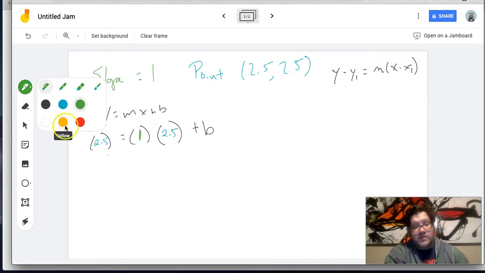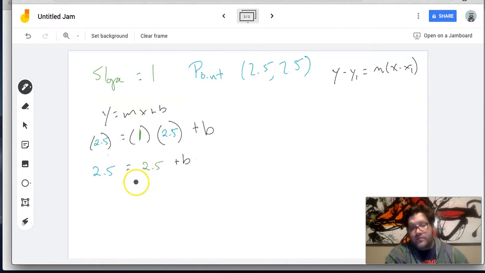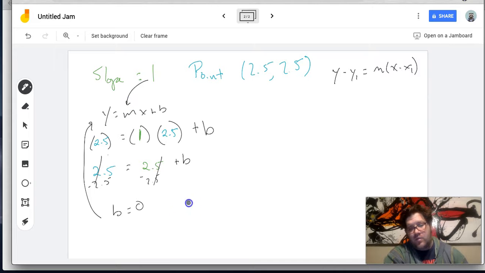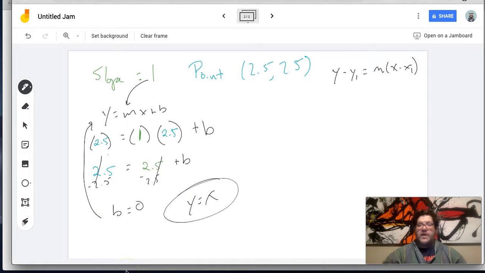We got 2.5 equals 2.5 plus b. Minus, b equals 0. Sweet. So b equals 0, my slope equals 1. I plug this guy in here and this guy in there, and we get y equals x. So that's my equation.